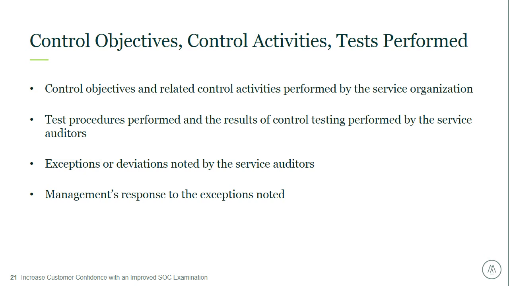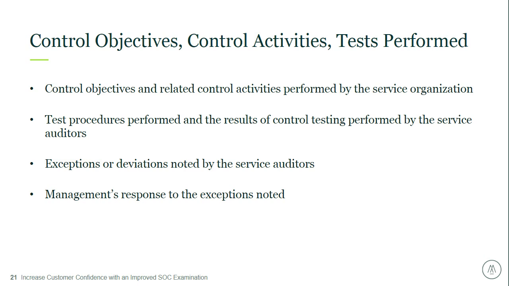Then the next two columns are basically if any exceptions are noted while the service auditor is testing, that is noted. And then if there's an exception, there's a place for management to respond to help explain if there's a special circumstance or additional procedures that they're performing going forward so that exception won't occur again.